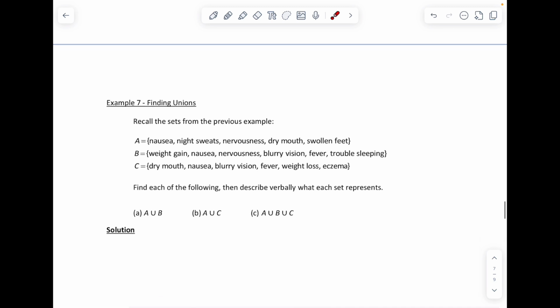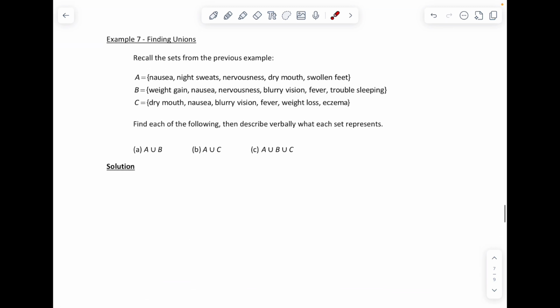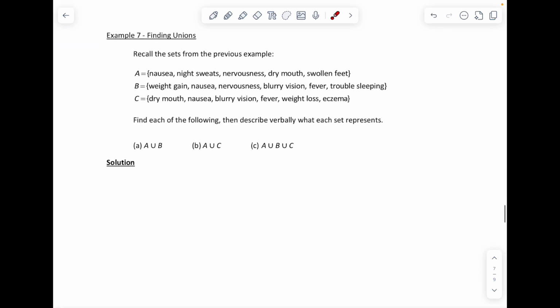Let's look at this example here. Finding unions. So these are the same sets from the previous example, right? The side effects. For each of the following, describe verbally what each set represents. Okay. So again, to find a union, we just make a list of all the elements from each set without writing repeats. Right.